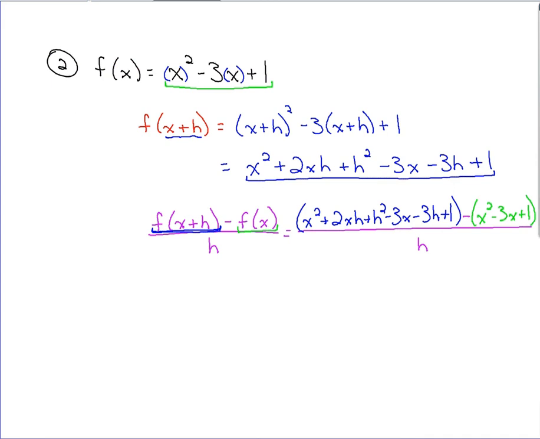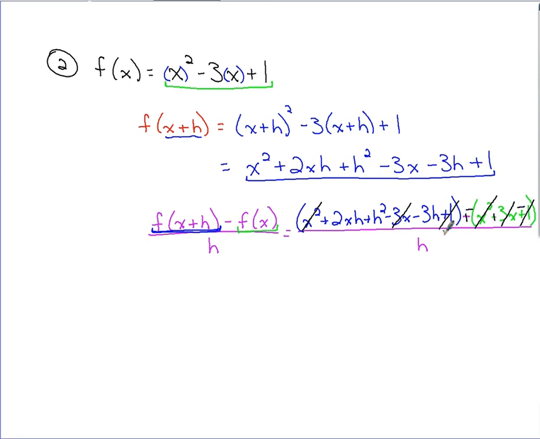As you simplify, you carry your negative through, and you collect like terms. And like I said on the previous problem, we know we are doing this correctly if the only terms left in the numerator have h's in them. Watch what happens. x squareds go away. 3x's, they're gone.